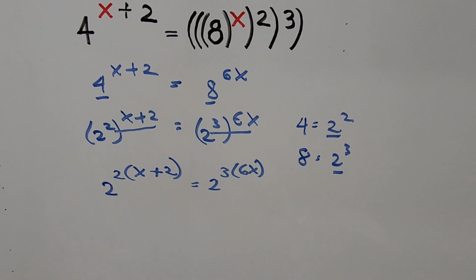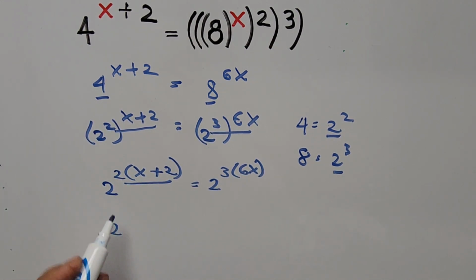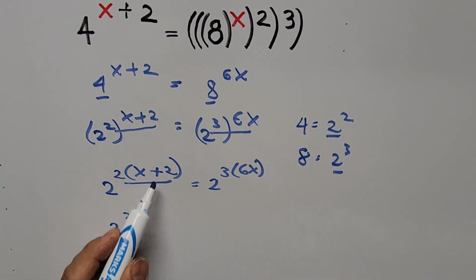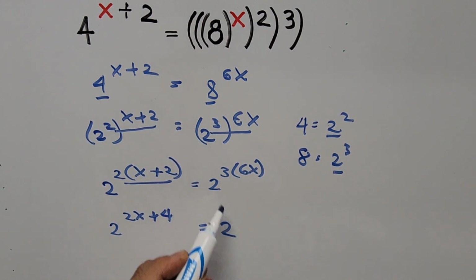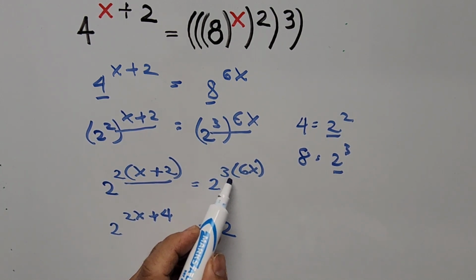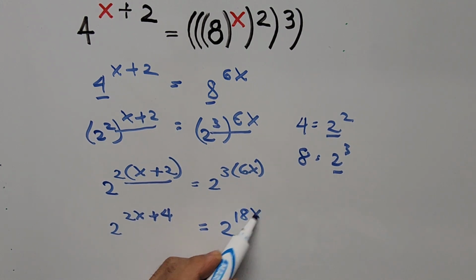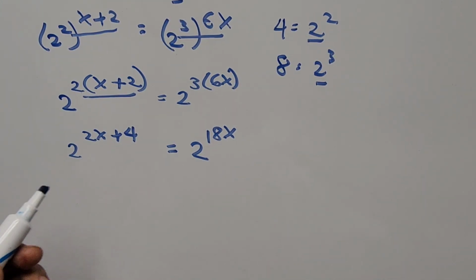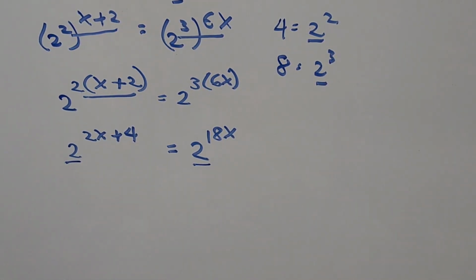And simplify 2 to the power of, multiplying that, distributing 2. So this is now 2x plus 4. Right hand side, 2 to the power of 3 times 6x, that is 18x. So the equation now turned into having the same base, left and right hand side.